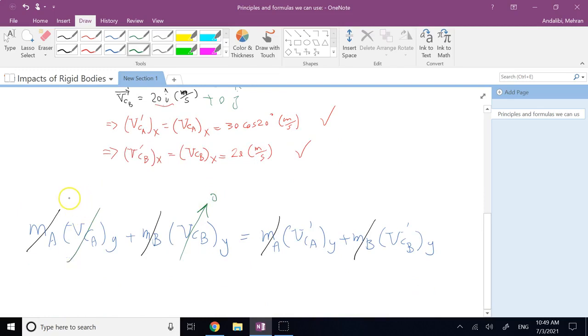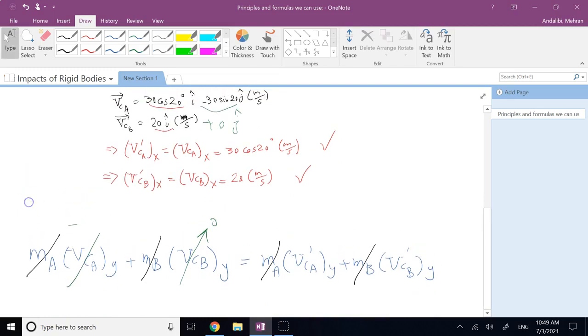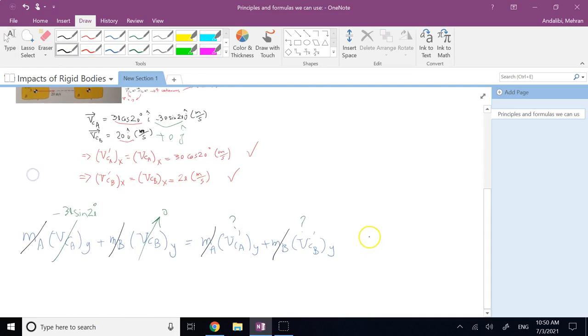And this guy is negative 30 times sine 20. And these 2 are unknown, as you know. So that is one equation so far. Let me number that and call it equation number 1. So far I have 4 unknowns left, and I have 1 equation. Good. I need 3 more equations.